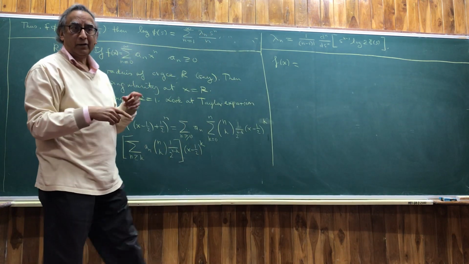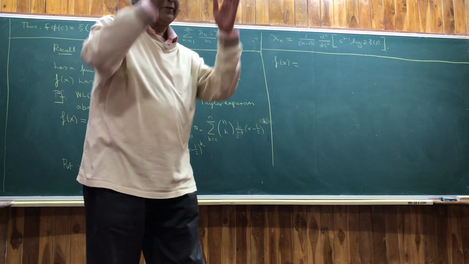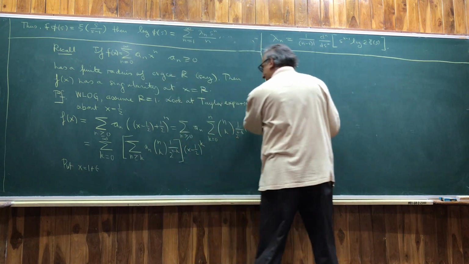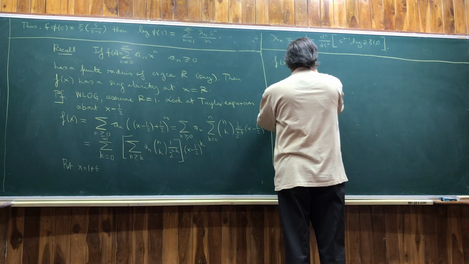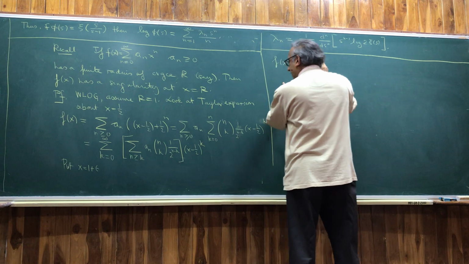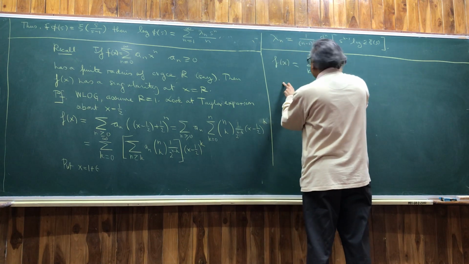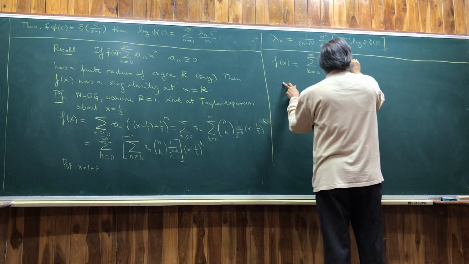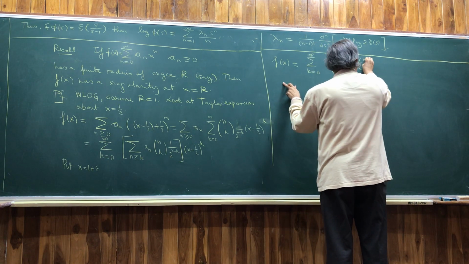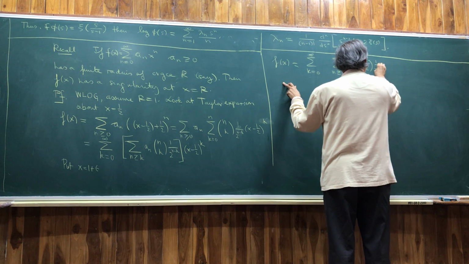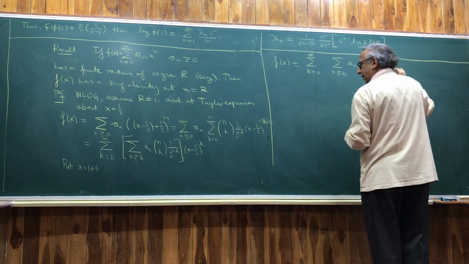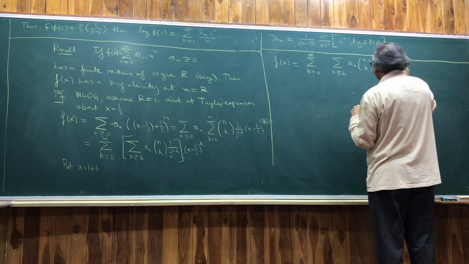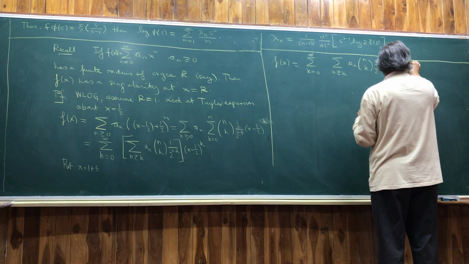Remember, when I recalled Fubini's theorem, either non-negative or the whole thing is absolutely convergent. Everything is non-negative here, so it's fine. So f of 1 plus epsilon is the sum over k from 0 to infinity, and sum over n, of a sub n, n choose k, 1 over 2 to the n minus k, times one half plus epsilon to the power k.